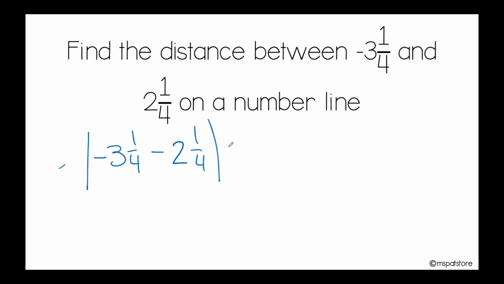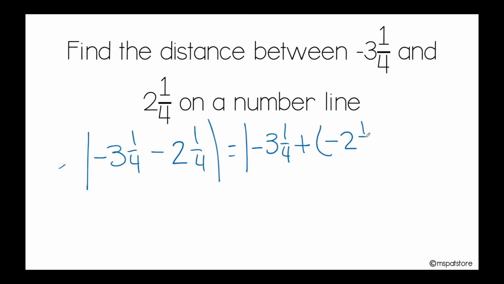Okay? So now, remember that when we're finding the difference, we need to add the opposite. So it will be absolute value of negative 3 and 1/4 plus the opposite of positive 2 and 1/4. That is negative 2 and 1/4.